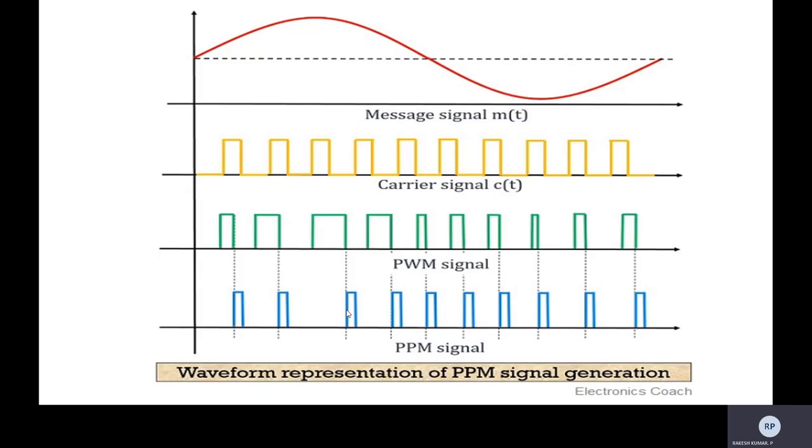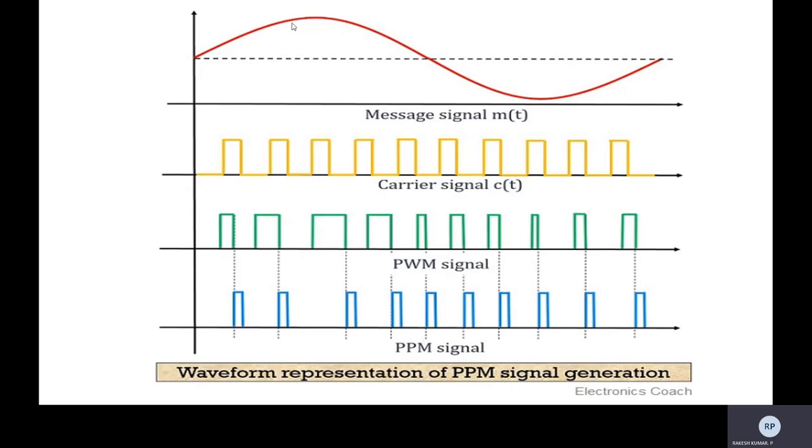The spacing between this pulse and this pulse is more, whereas the spacing between this pulse and this pulse is less, and here the spacing is more again. So you cannot obtain the PPM signal directly based on the message signal.